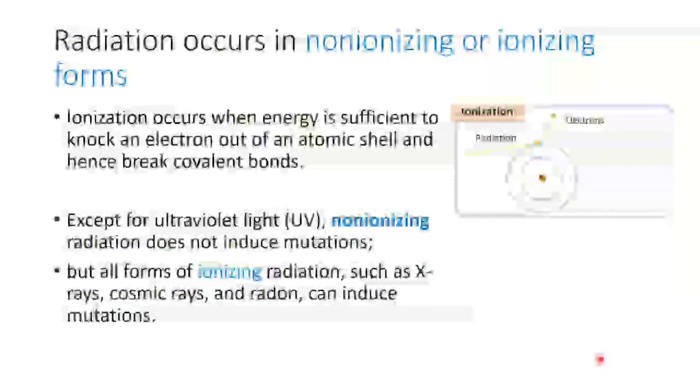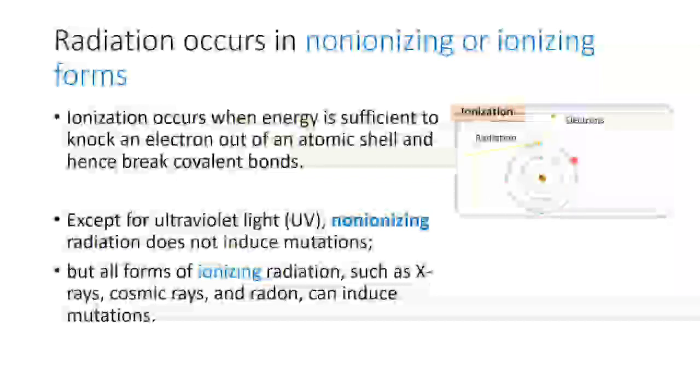Radiations are divided into two forms, guys: ionizing and non-ionizing. I will start with the ionizing radiation. As its name says, ionizing means it will produce an ion. So let's consider we have this molecule, with these electrons rotating or moving around orbitals.